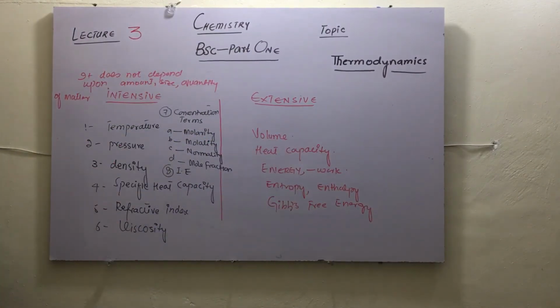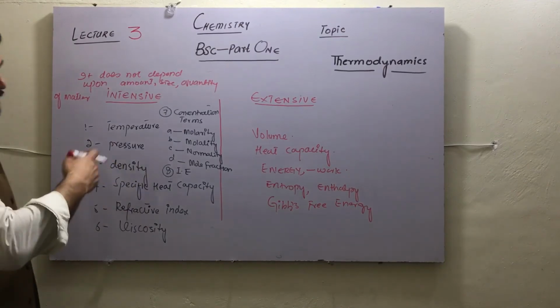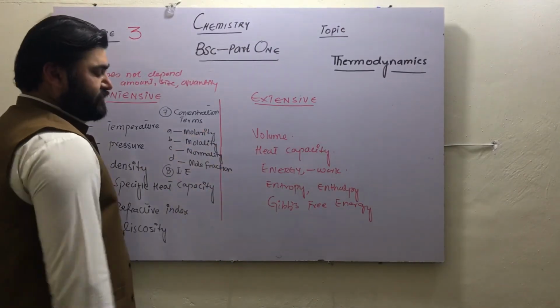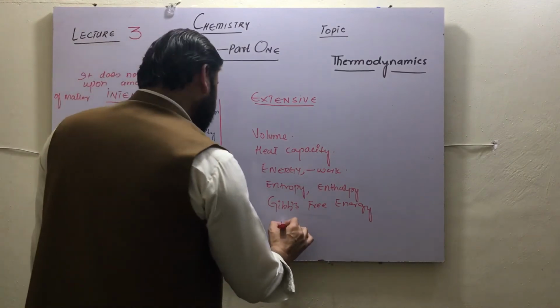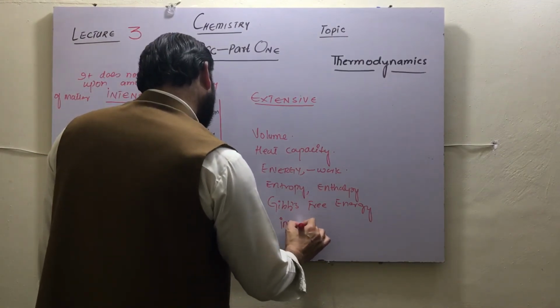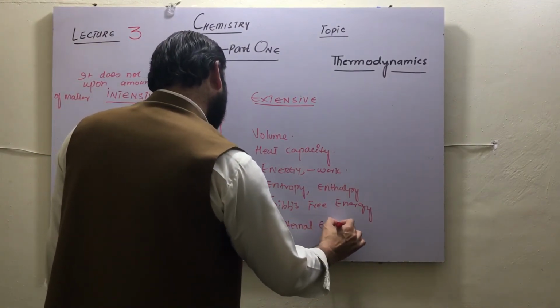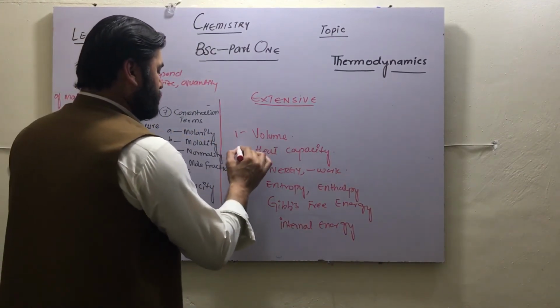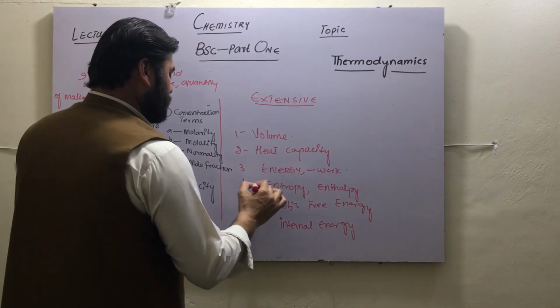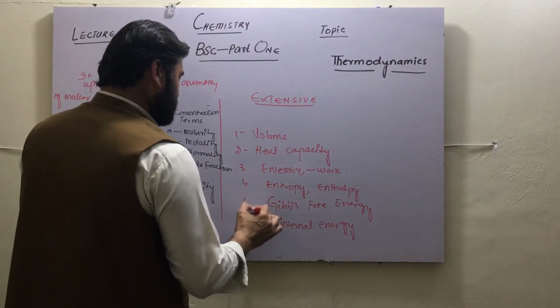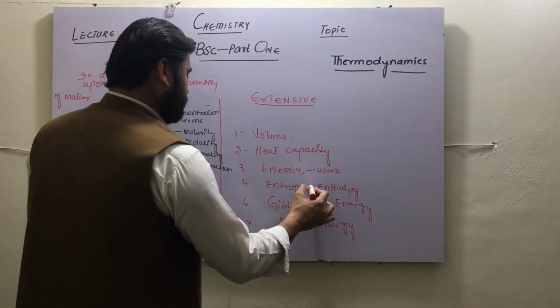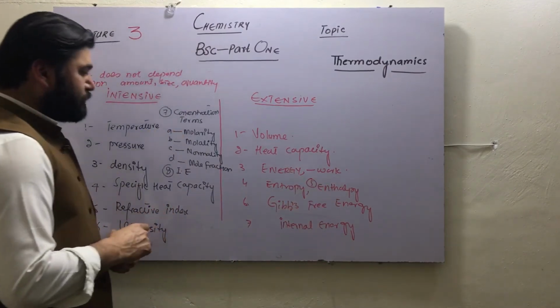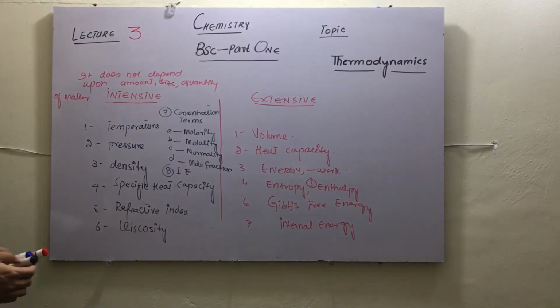We will be discussing these terms in thermodynamics, so we will have a lot of discussion on them later on in the next coming videos. And internal energy is also extensive. These are all extensive properties: 1, 2, 3, 4, 5, 6, and 7. So these are the examples of extensive and intensive properties.